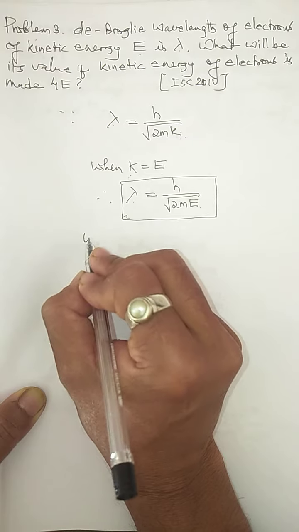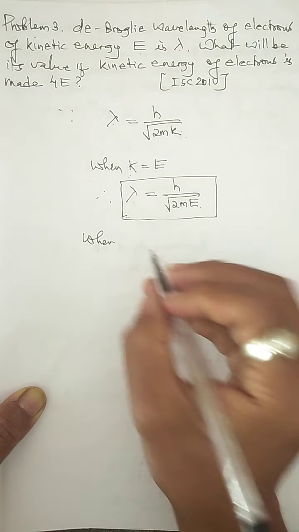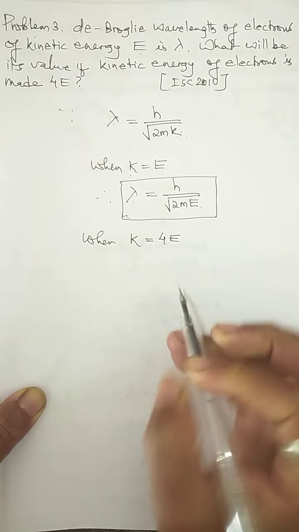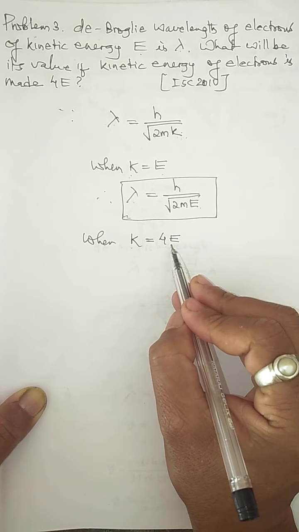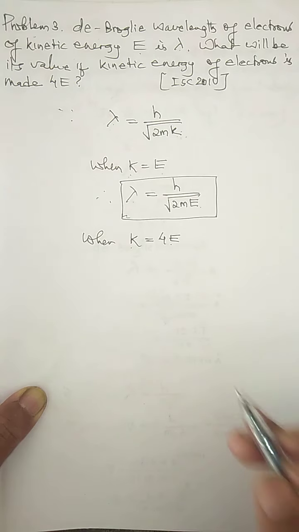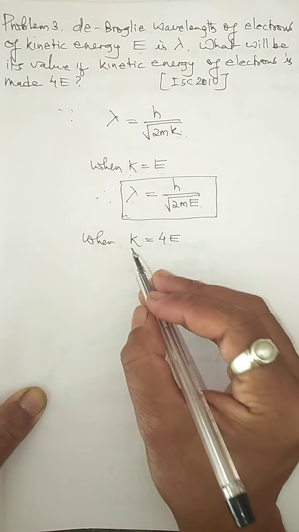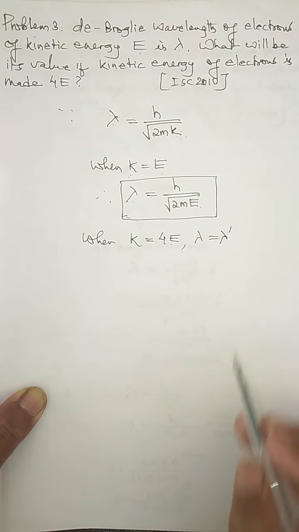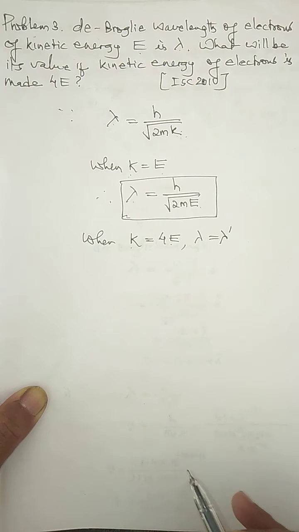So now your kinetic energy is increased to 4E. When K is made 4E, we have to find the new de Broglie wavelength. So I write: when K is 4E, then lambda will be lambda dash, meaning the new de Broglie wavelength.